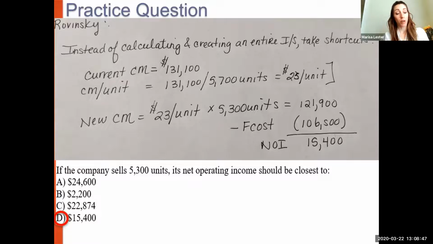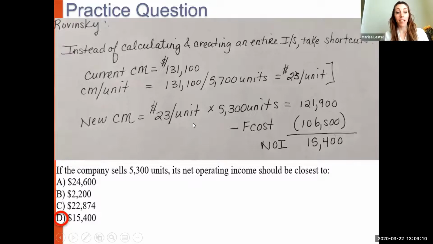And I'm not changing my variable cost per unit. So my contribution margin per unit is going to remain constant in this example, which means instead of calculating total sales minus total variable expenses to get total contribution margin at 5,300 units, I can go right to my total contribution margin at 5,300 units using my CM per unit.